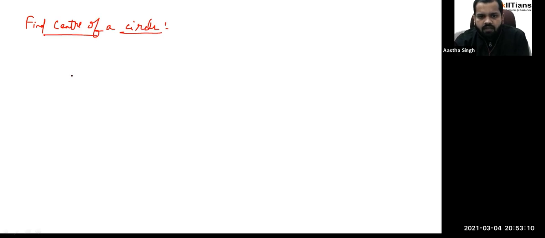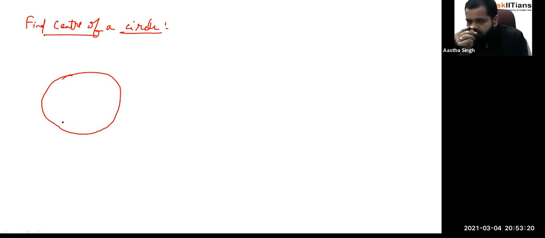Only a circle is given to you in a question. This is not a part of your syllabus, but let's study it, right? You have to find where the center will be.